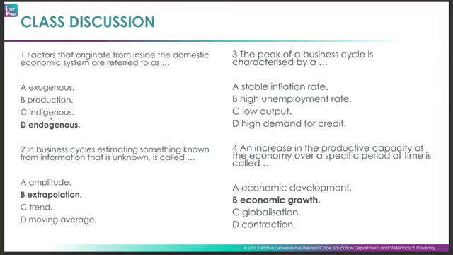So, factors that originate from inside the economic system, right? Remember when I said to you exogenous factors, the word ex, like external, those are things that are from outside. But the statement clearly speaks about things that originate from inside. So it's definitely not exogenous, right?